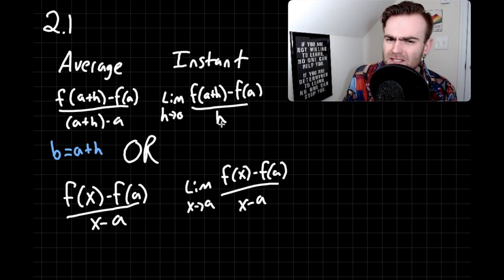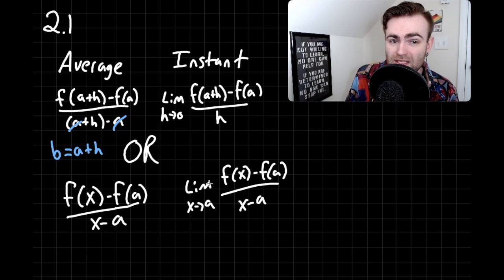And the bottom is just h. Well, if we simplify this out, we would just subtract the a values and those would cancel. So that's where this h comes from. And these formulas here are simply the f of x1 minus the f of x2 over x1 minus x2. For both of them, the major difference here is that we're just saying that the x is getting closer and closer to a. So those are the formulas.